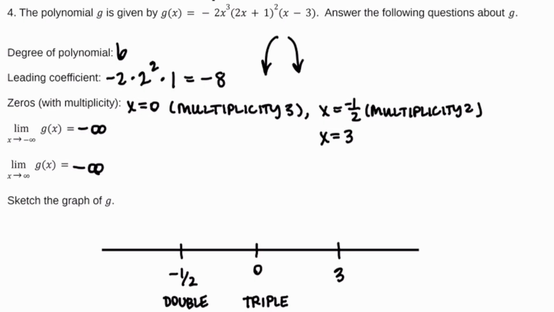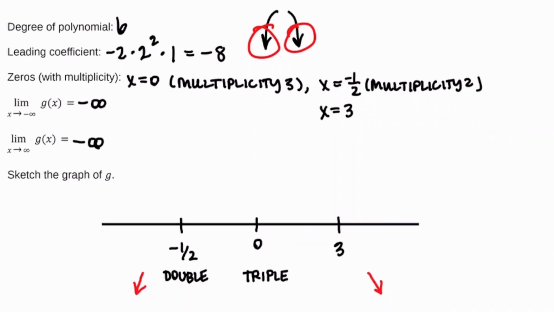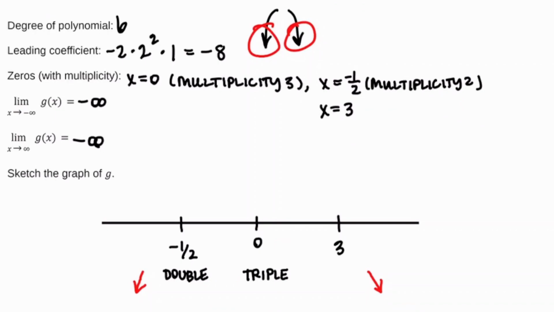All right, and then I'm going to otherwise just use the end behavior to sketch my graph. I know that it's coming from below and then going down. So I'm going to start with my arrows and fit it about like that, and then down there. I just need to make sure that my graph fits in with the zeros and the multiplicity, and then I will know that it works.